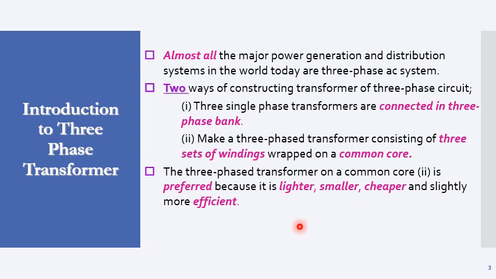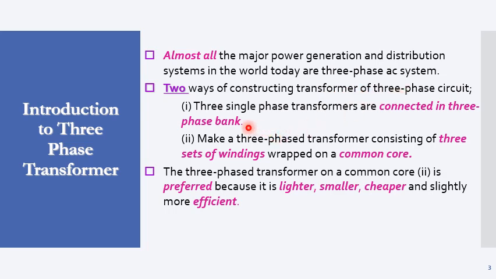As an introduction, almost all the major power generation and distribution systems in the world use the three-phase AC system. There are two ways of constructing the transformer for a three-phase circuit.